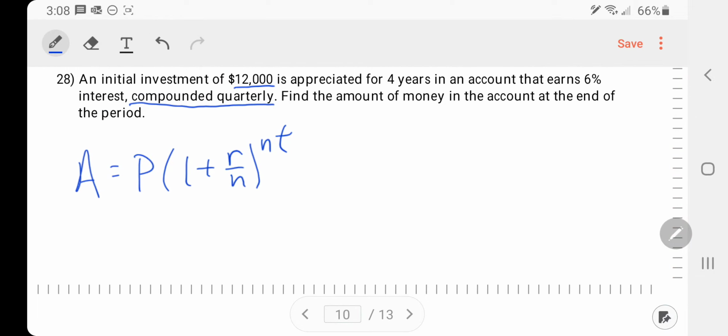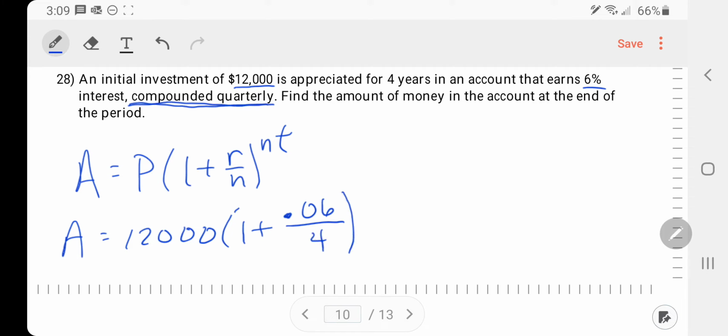So the principal is 12,000. 1 plus, the rate is 6%, which is 0.06 as a decimal. The n is the number of compounds, and it says compound quarterly, so that makes n 4. If it had said compound semi-annually, n would be 2. Or compound monthly, n would be 12. So the word they use there, compound whatever, is important.